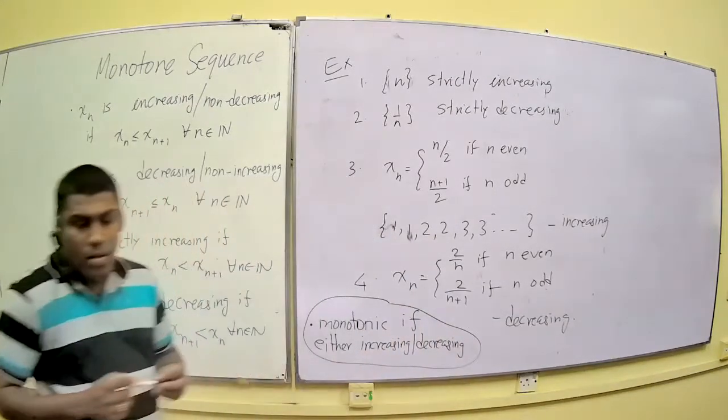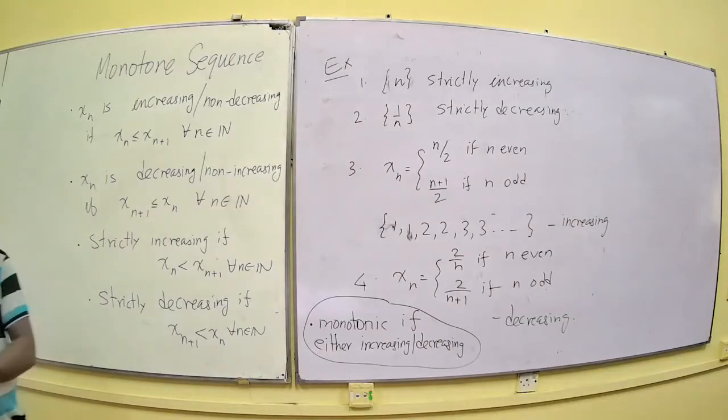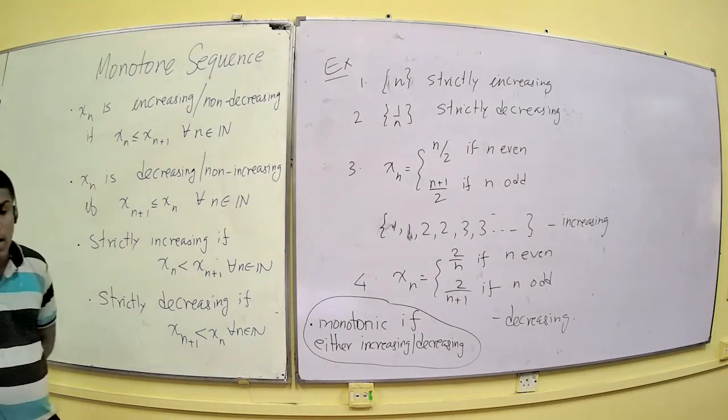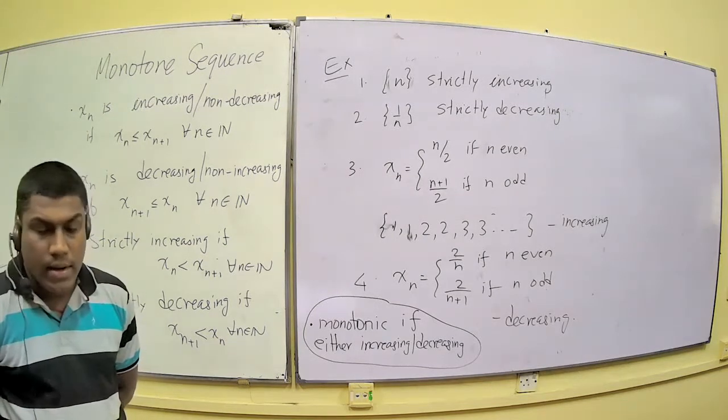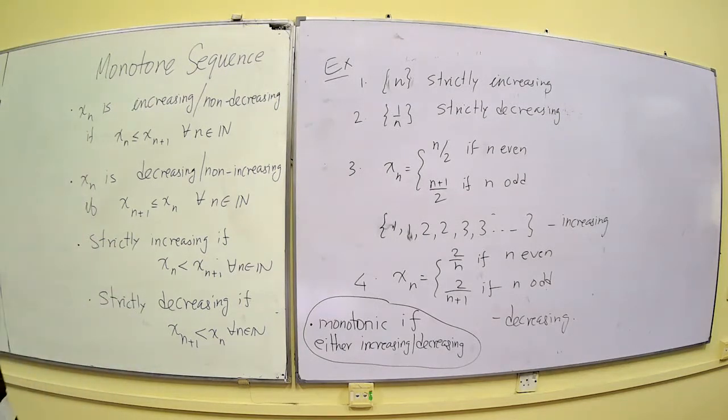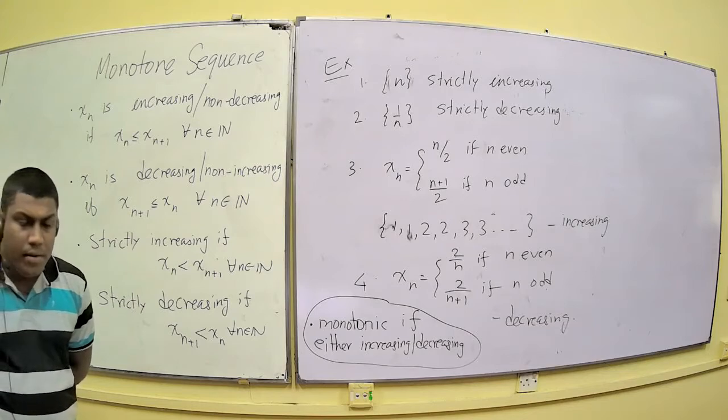this is a general term, right? We call it monotonic if it is either increasing or decreasing, right? Any kind of increasing or any kind of decreasing, maybe strictly increasing, maybe strictly decreasing, just increasing or just decreasing.